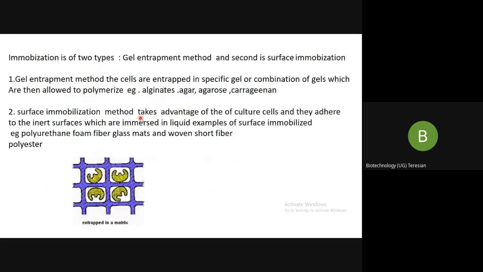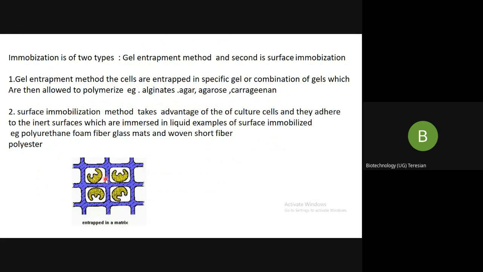How can you immobilize your cells? Immobilization is of two types. One is the gel entrapment method and the second is the surface immobilization method. Most commonly, the gel entrapment method is used. In the gel entrapment method, the cells are entrapped in a specific gel or a combination of gels, and then it is allowed to polymerize.